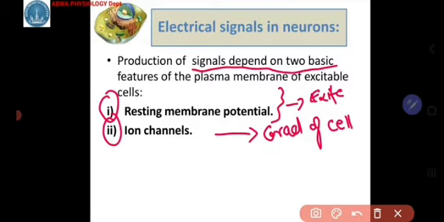This change in polarity of the cell will lead to positivity inside the cell and negativity outside the cell, to elicit a potential. Some strong stimulus may end up in an action potential.